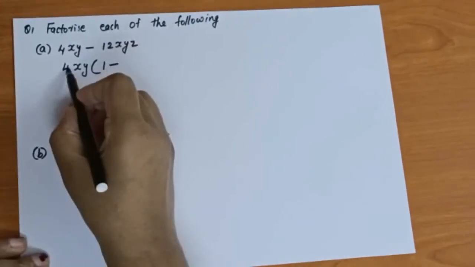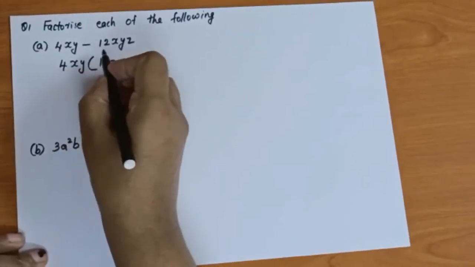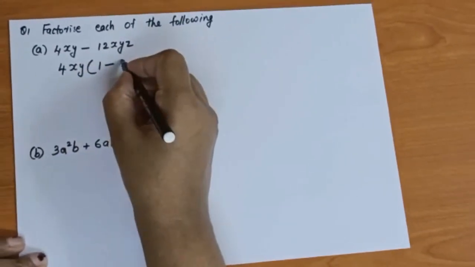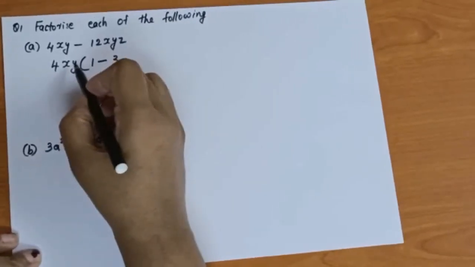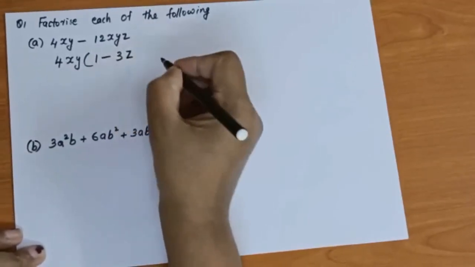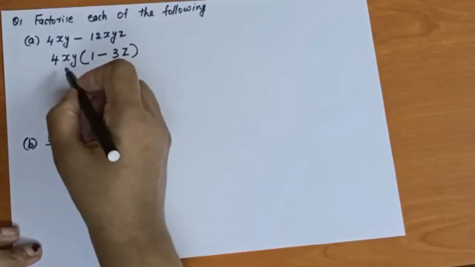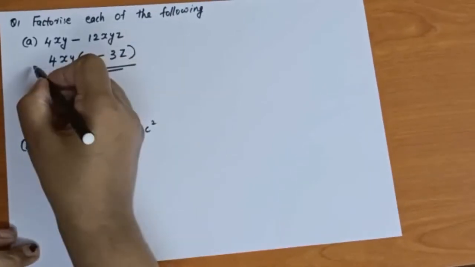Minus, 4 multiplied by what number will be 12? 4 3s are 12, so 3. xy we already took outside, so z is balance. So we can keep that z. So the answer is 4xy into 1 minus 3z.